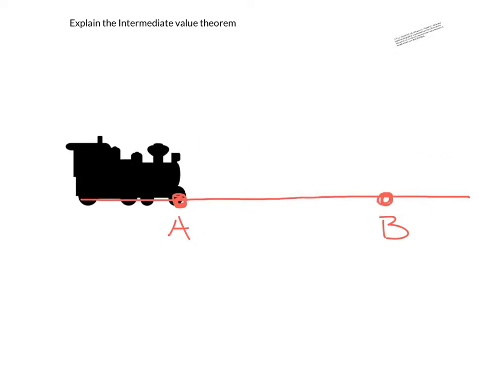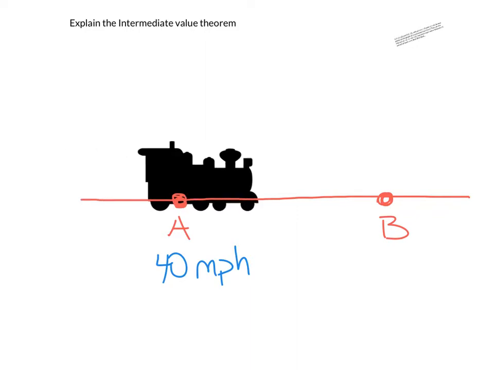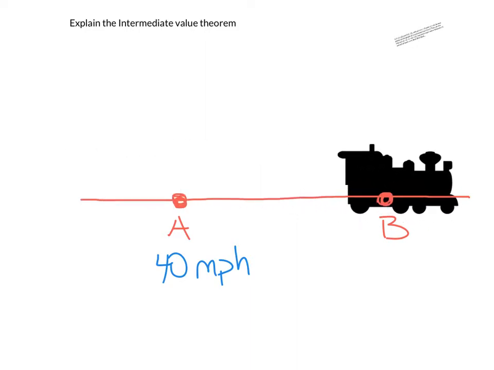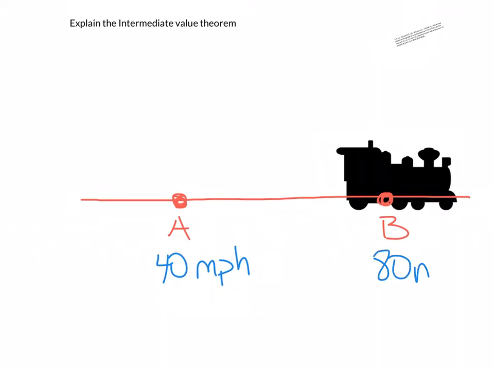We can do that. So 40 miles per hour. But when this little train gets to point B, then let's say that it must be going a good 80 miles per hour.